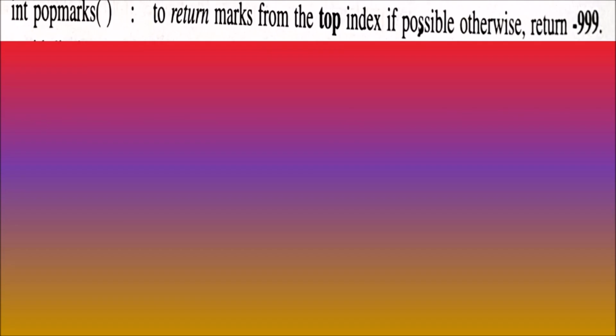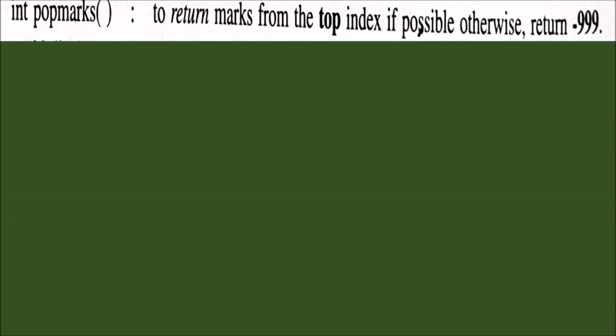Now the next function is int popMarks. It returns marks from the top index if possible, otherwise returns -999. So again you can see, int popMarks we have to write, and as I told, to delete anything, first we have to check whether the structure is empty or not. So to check whether this stack is empty or not, the condition is if top equals to -1.